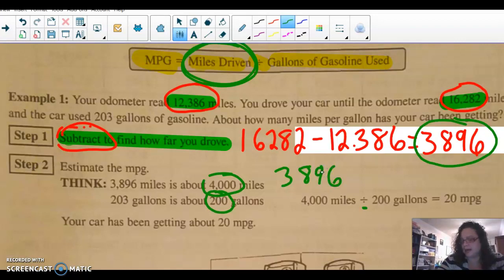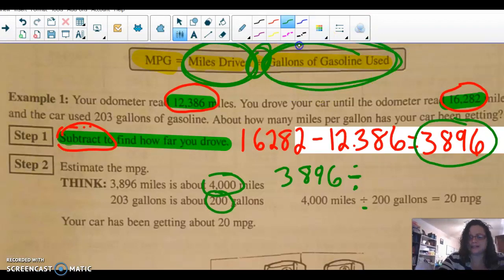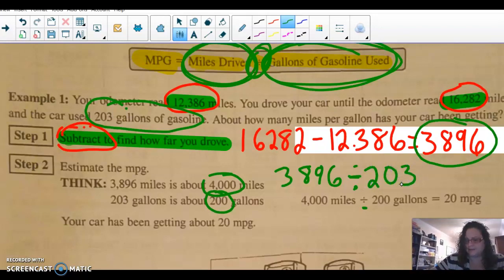Now they estimated that to be 4,000, but we're going to go ahead and use the actual amount. Then we'll put divide by, and then we have to divide by the gallons of gasoline used. So in the story, we used 203 gallons of gasoline. So that will be the number that we divide by.